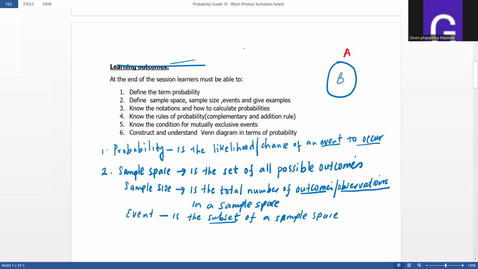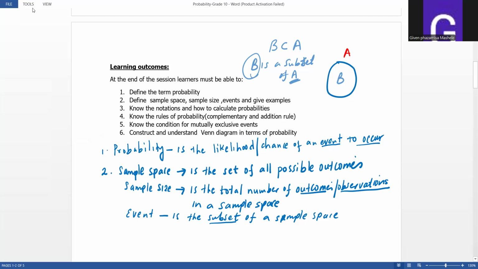So what does this mean? It means that B here is a subset of A. So B is a subset of A, which means B belongs to A. So when we say an event is a subset of a sample space, it means we can find the event inside the sample space.